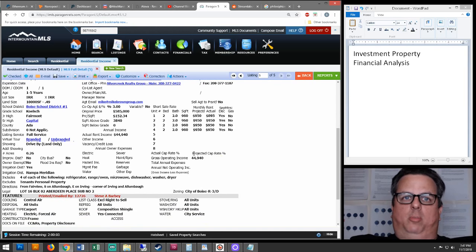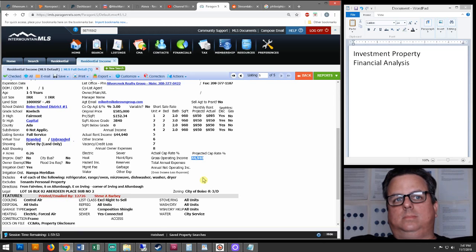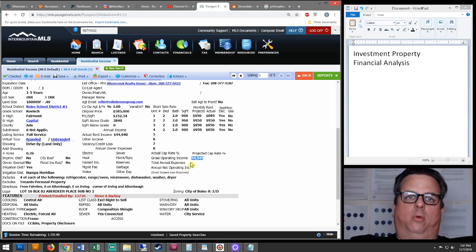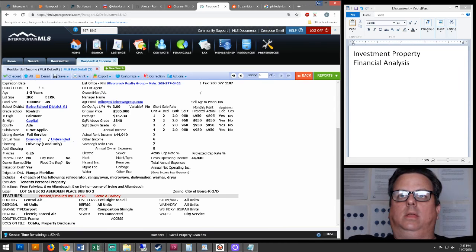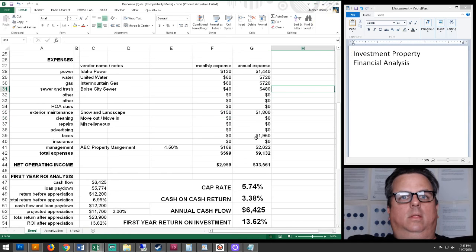You can see how they've got their projected cap rate empty. They do have their gross operating income of 4490, but that's before their annual expenses, so it doesn't really help us. That's going to be probably the 4490. I changed it here.